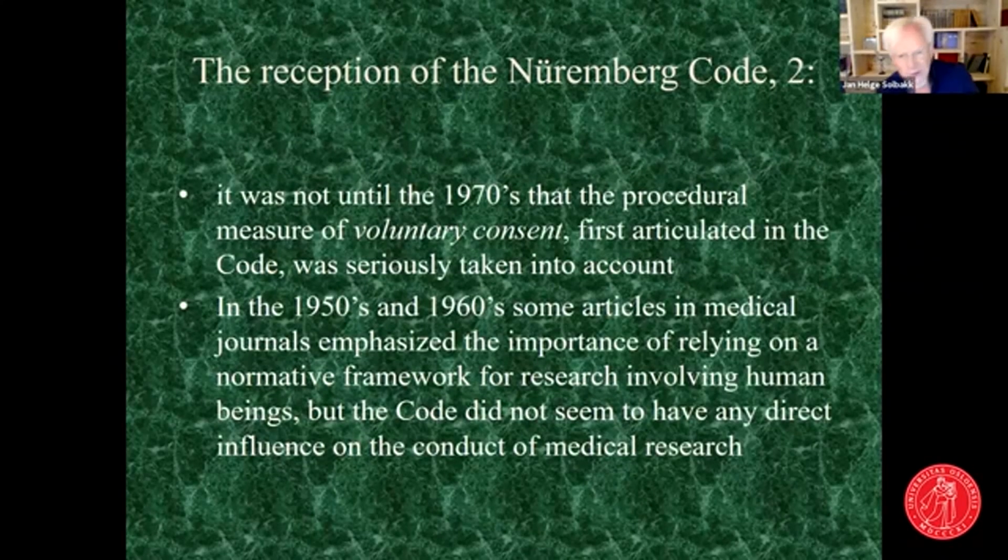It was not until the 1970s that the procedural measure of voluntary consent, first articulated in the code, was seriously taken into account. In the 1950s and 1960s, some articles in medical journals emphasized the importance of relying on a normative framework for research involving human beings, but the code did not seem to have any direct influence on the conduct of medical research.